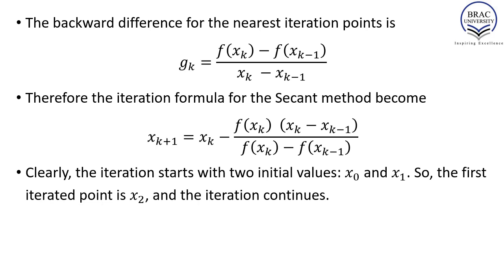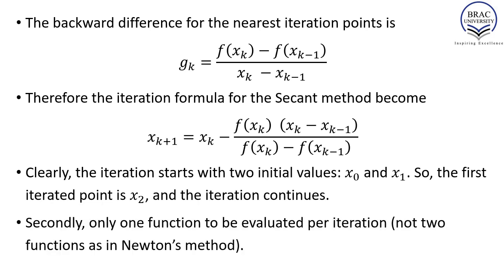Afterwards we just continue the iteration, because once we compute x2, we can use x1 and x2 to compute x3, and from x2 and x3 we compute x4. That's how the iteration goes. So initially we need two iteration points.